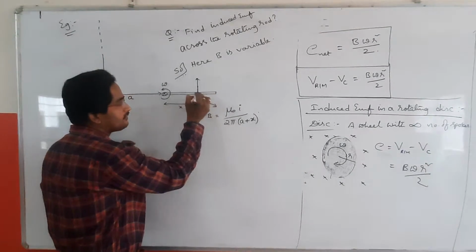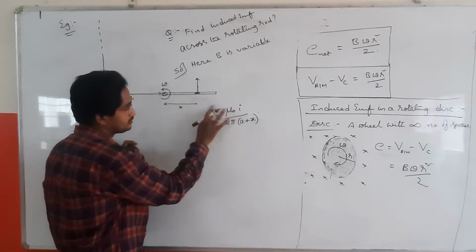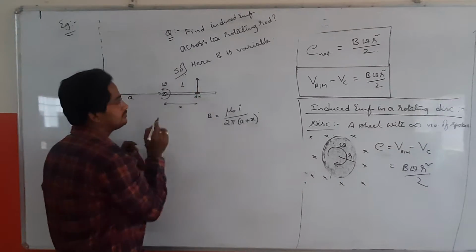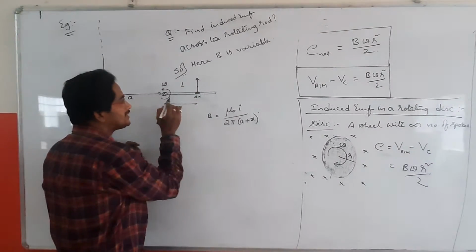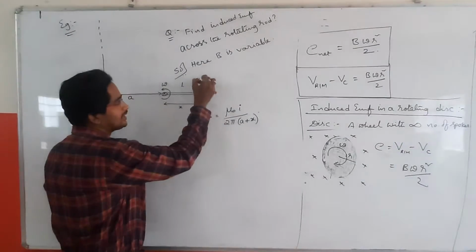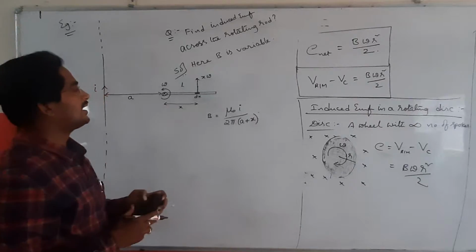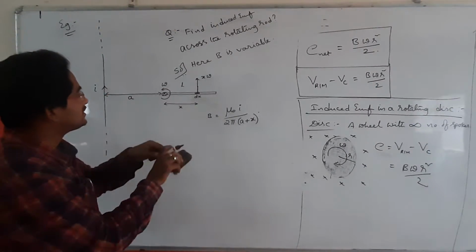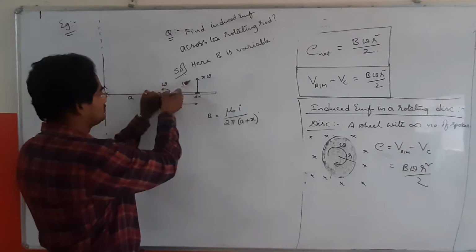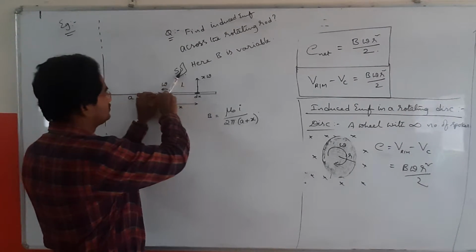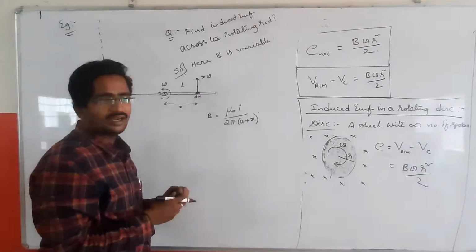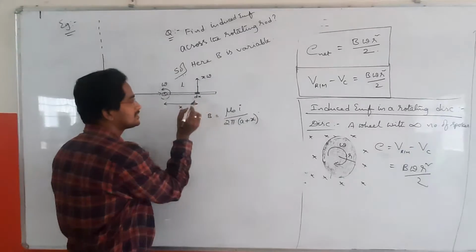It is the element of length dx, total length L, at a distance of x and rotating with angular velocity omega. Then its linear velocity is x omega, because it is rotating like this.